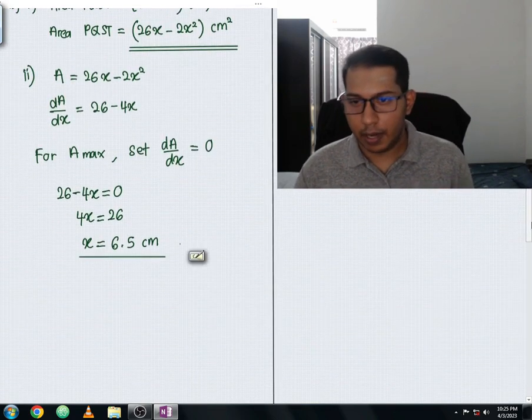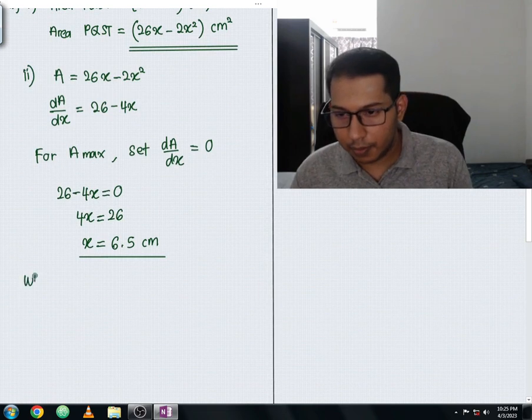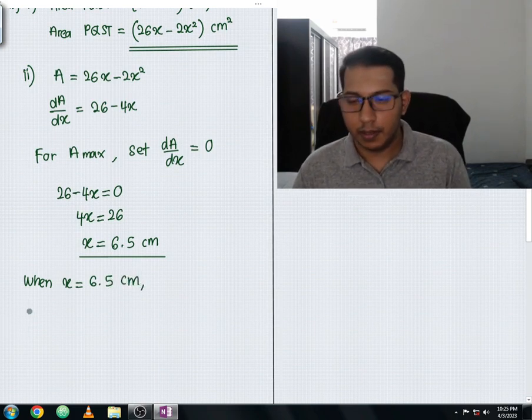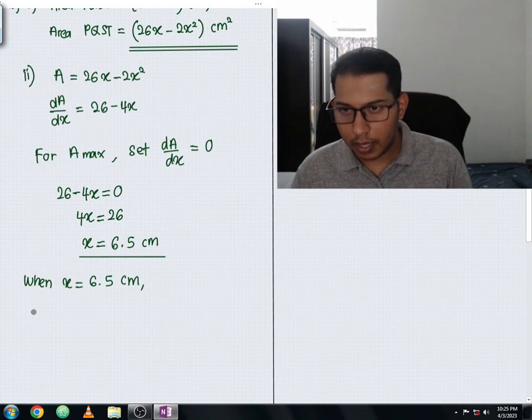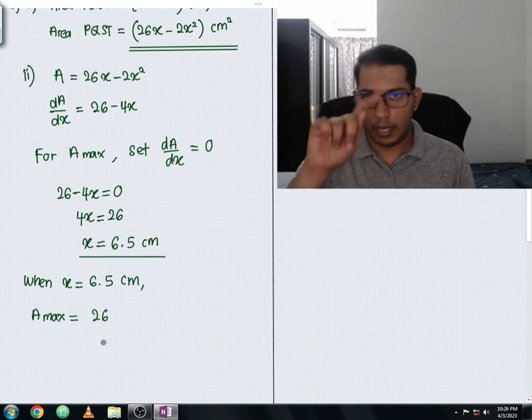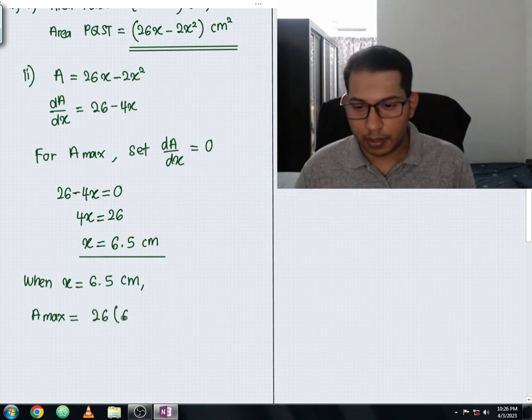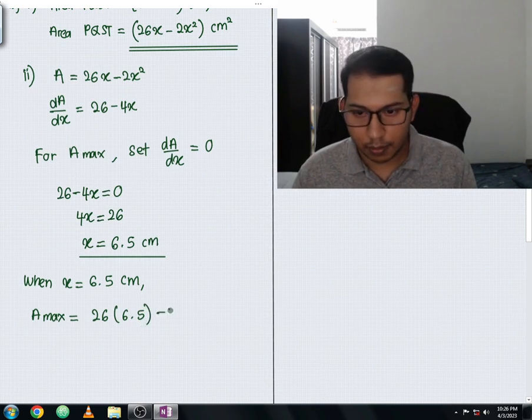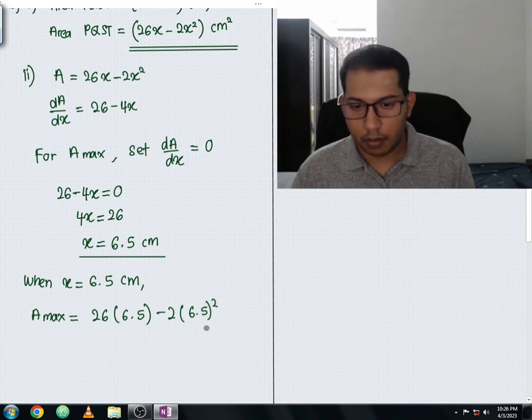Okay, so from here when x is equal to 6.5 centimeter, A maximum will be equal to 26, and then times 6.5, and then minus 2 times 6.5 squared.